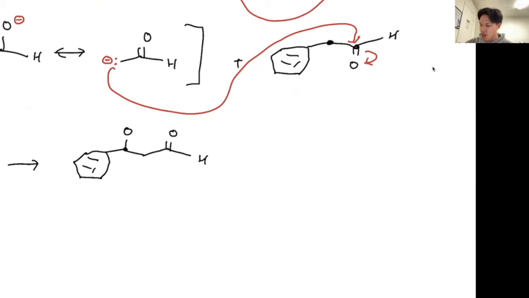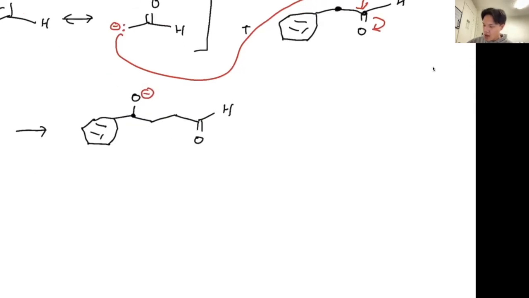Oh, I missed 1. So we had 1, 2 carbons here, and we had 1, 2. So we added, so now we have a total of 4. So we have 1, 2, 3, 4. That looks better. And then now we have this negatively charged, and we're going to take a water from it.